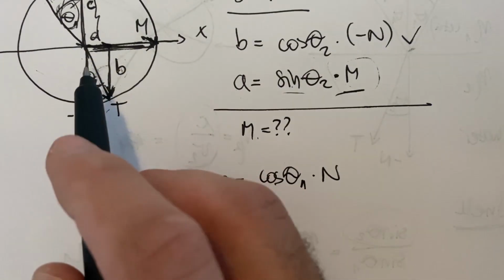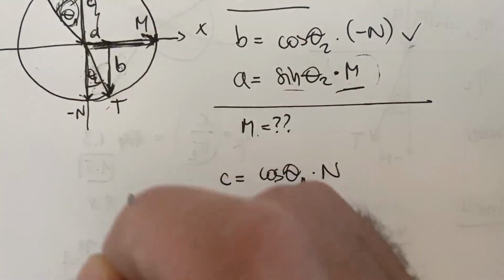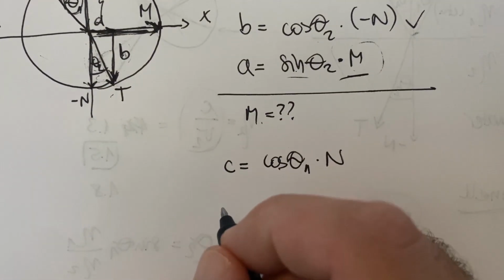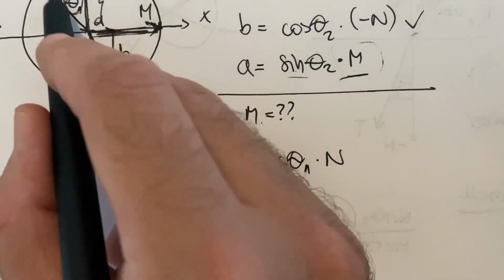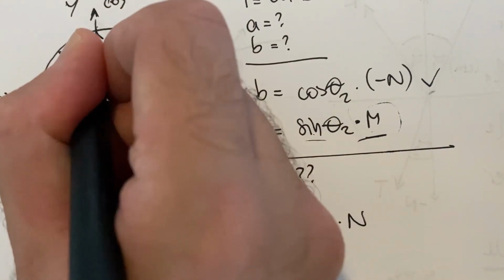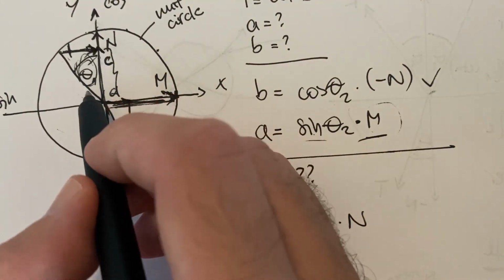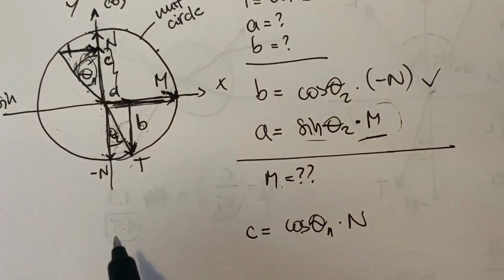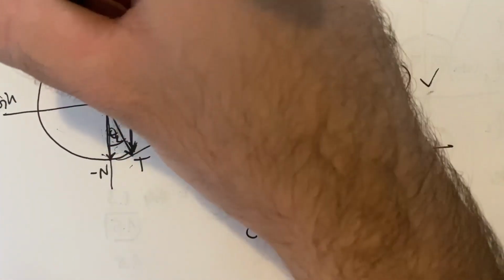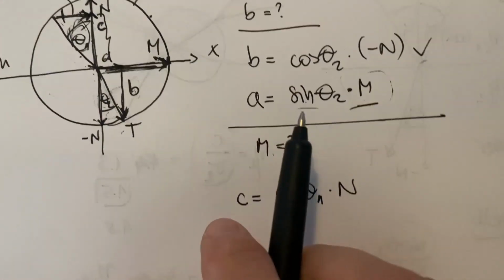C is going to help us calculate m, because what happens here, if you do I plus c, you get a vector that's this one, because we said that the sum of vectors, so this plus this will give you this one, and so this one is I plus c. What happens here?